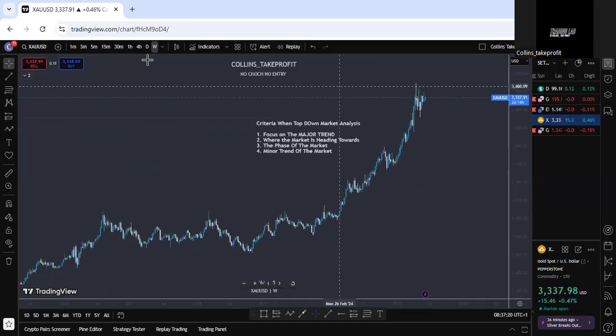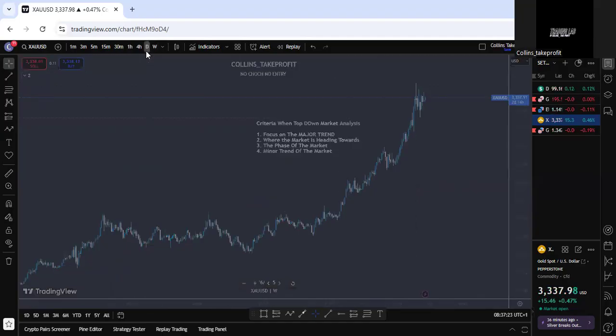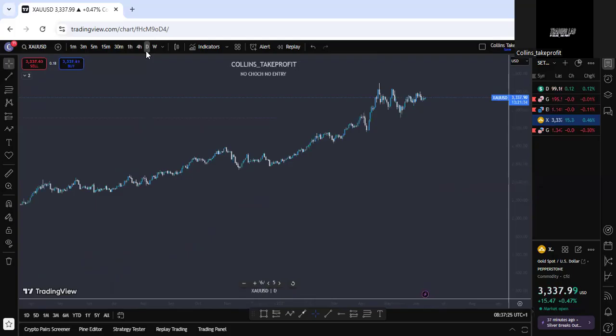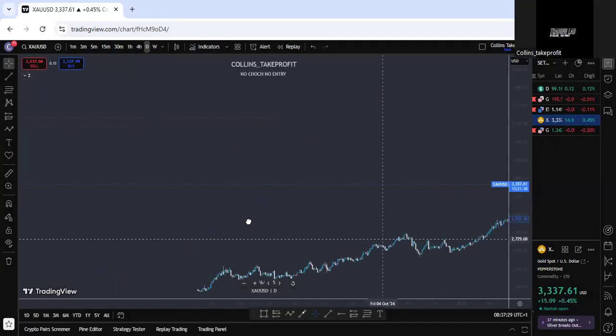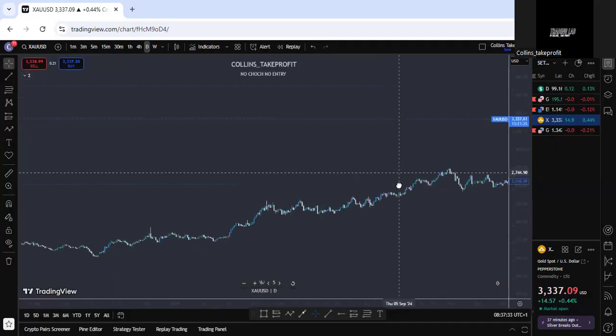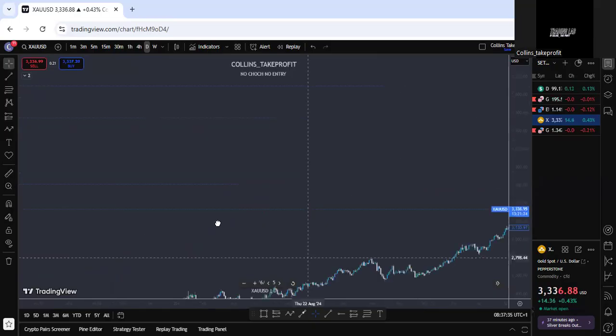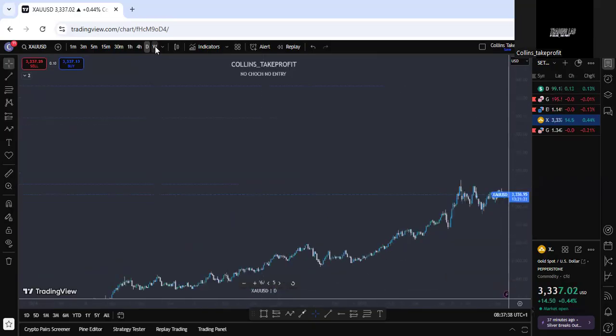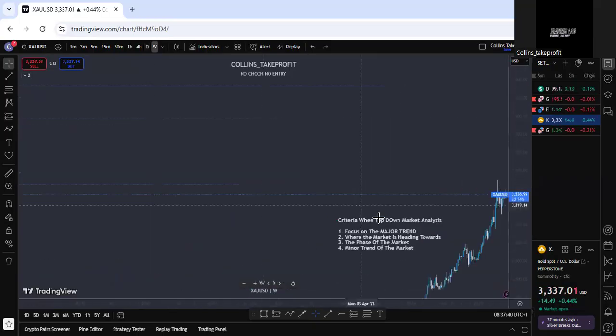So now let's come down to the daily. This is one of the reasons I didn't go to the monthly time frame, because everything you're going to be looking at from the weekly time frame is almost the same thing in the monthly time frame. So let's do that.